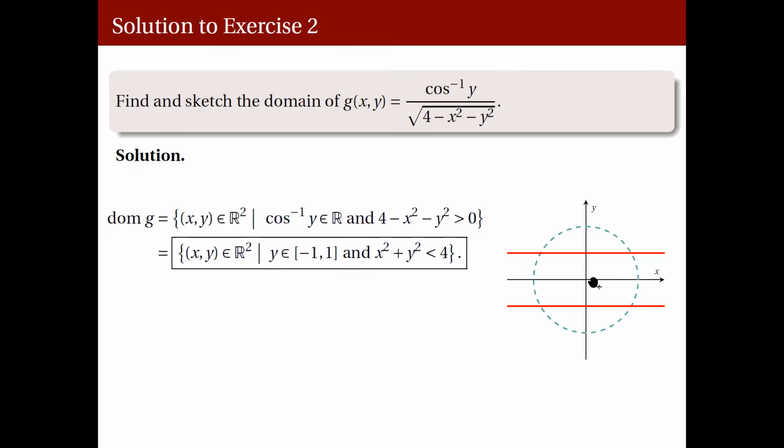Okay? So all in all, we will be taking this shaded region here between the two lines and inside the circle. And let's just remove the dashes to finalize the sketch of the domain of g of x, y. Okay? So that's exercise 2.